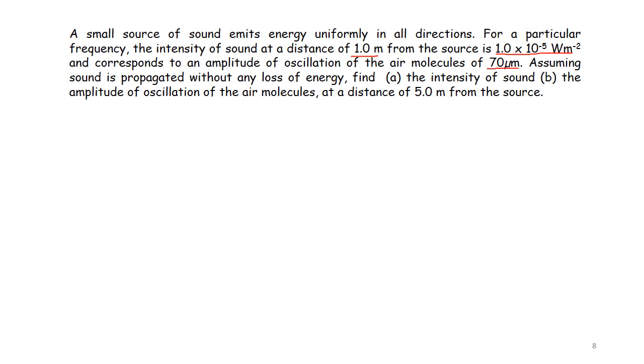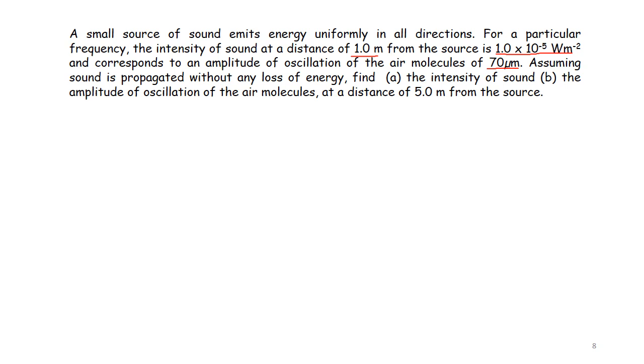Assuming sound is propagated without any loss of energy, we find the intensity of the sound and the amplitude of oscillation of air molecules when the distance is now 5 meters from the source.